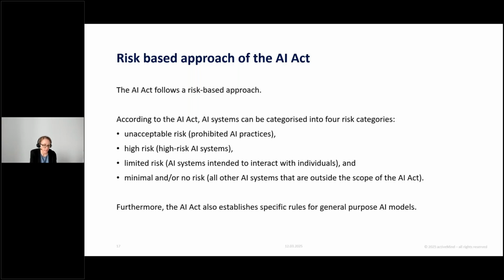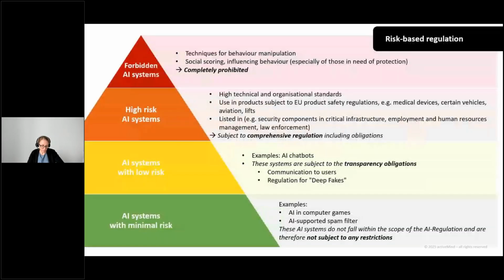The AI Act has an annex, which lists quite a lot of examples where you can see whether your system used or developed falls within one of the categories. And if we look on the next slide, I have tried to use those risk categories and show you some examples. So we have forbidden AI systems, and forbidden AI systems are completely prohibited on the EU market.